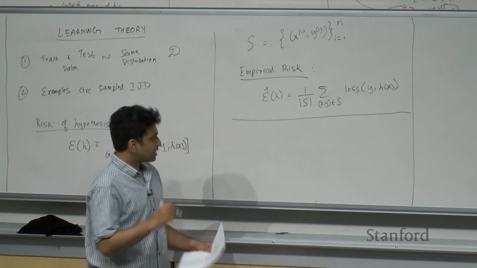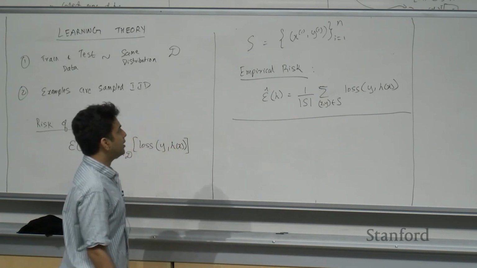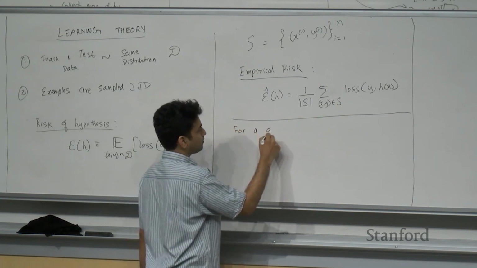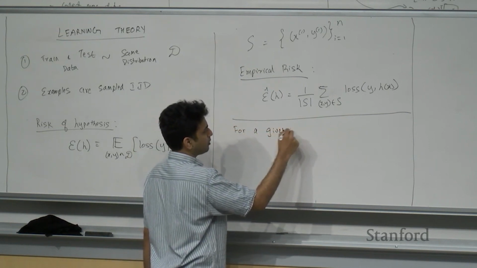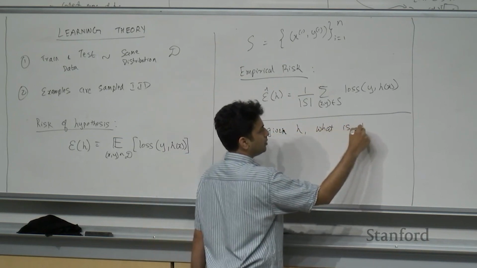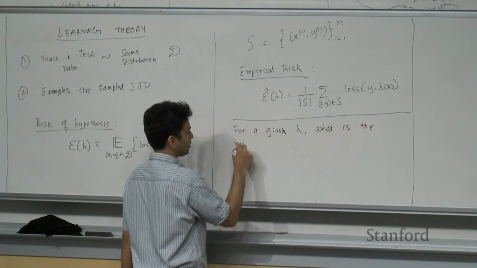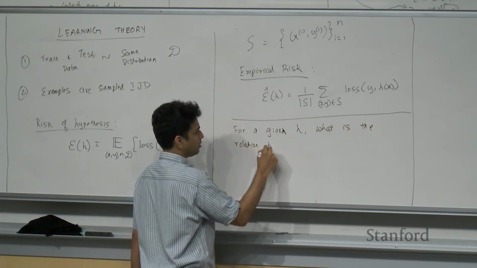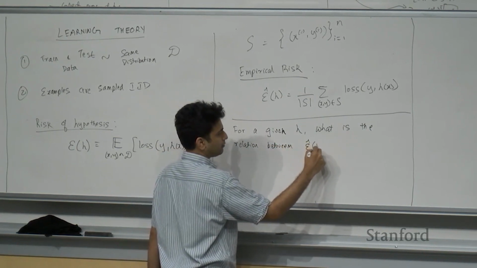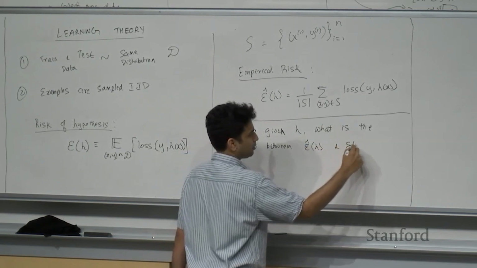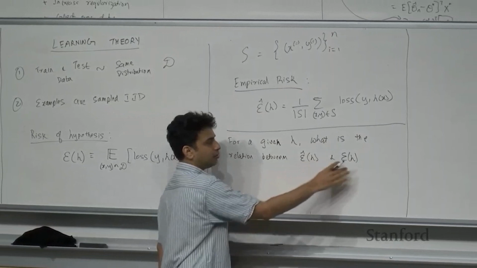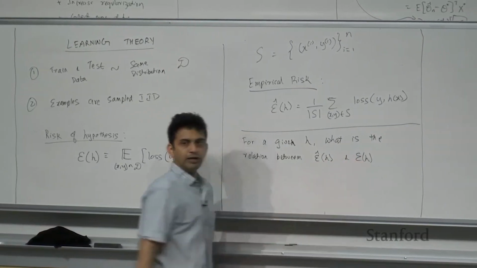So the question that comes to mind is, for a given h, what is the relation between epsilon hat of h and epsilon of h? How does the training error relate to the generalization error for any given hypothesis?